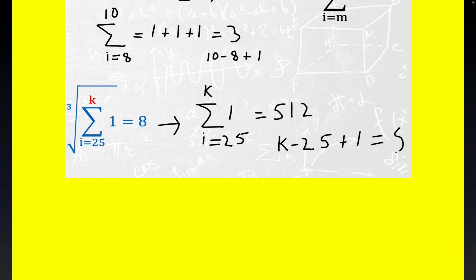Again, you could do this in your head, really. I'm being slightly too formal, probably. But in any event, what does that give us? That would mean that k is equal to 512 plus what, 24?